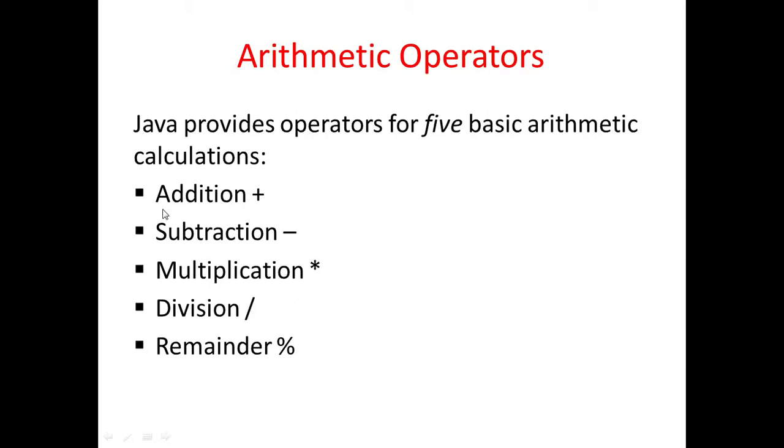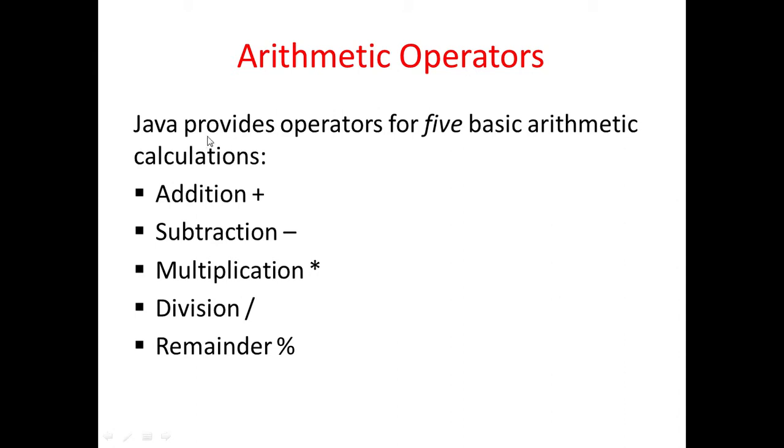For addition we have the plus operator, for subtraction we have the minus operator, for multiplication we have the asterisk operator, for division we have the slash operator, and for remainder we have the modulus operator.